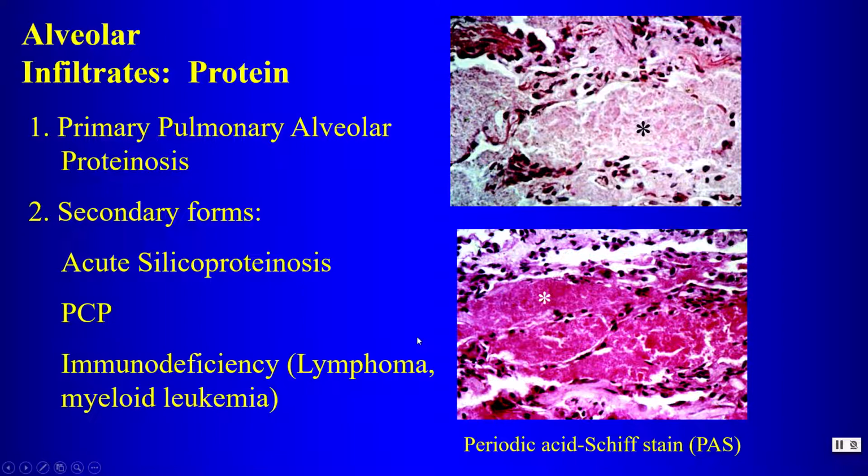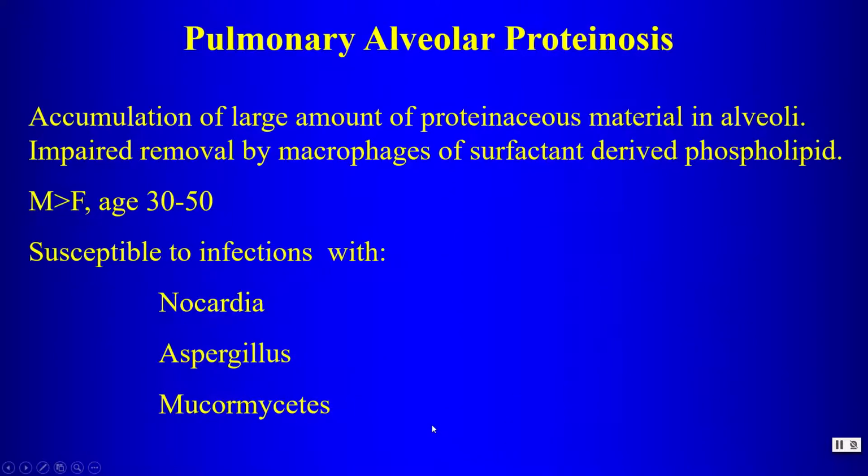For diagnosis, it stains with PAS stain to make the diagnosis of alveolar proteinosis. What happens here is accumulation of a large amount of proteinaceous material in the alveoli, and there's impaired removal by macrophages of a surfactant-derived phospholipid, and that's why the protein builds up in the alveoli.